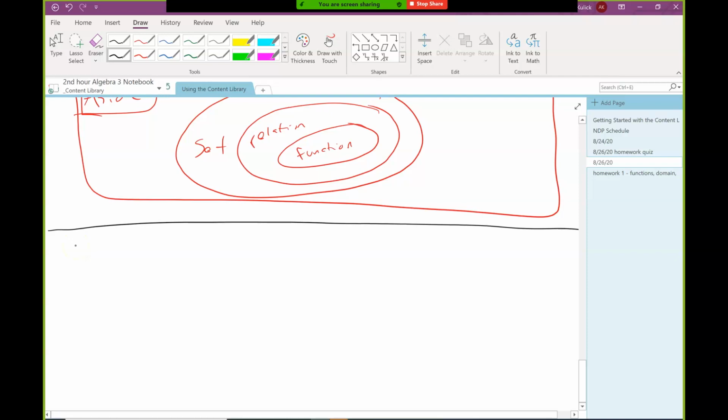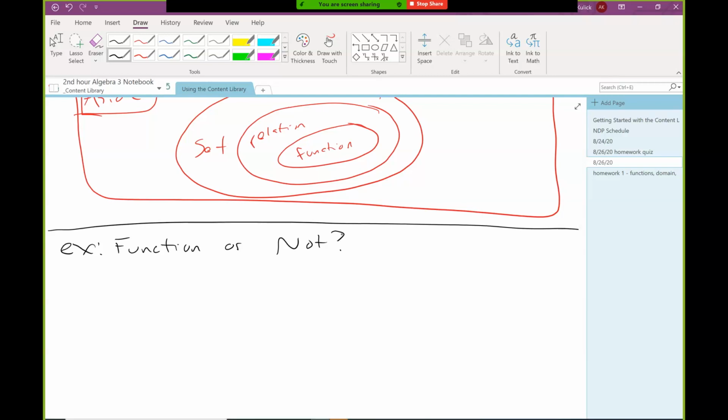Okay. What I'm going to do now is we're going to spend a bunch of time doing a bunch of examples where we try to tell if a relation is a function or not. Let me phrase it that way. I'm going to write up a relation, and we're going to do relations in all of these different forms and try to talk about how we can tell if it's a function or not, and then we'll look at some specific examples while we're doing that.